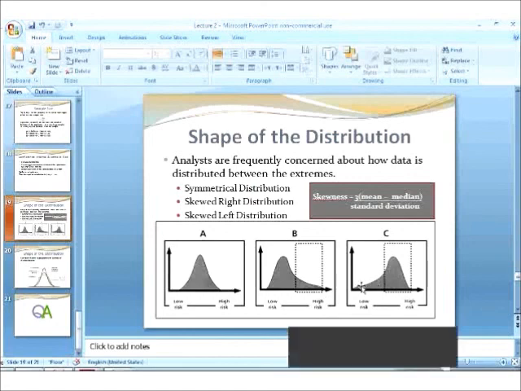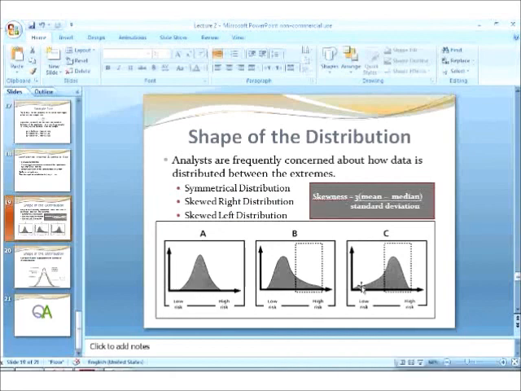These are the parameters that we calculate to find out the shape of the distribution or the skewness in our data set. So in symmetrical distribution, you see here, this is a typical normal symmetrical distribution.